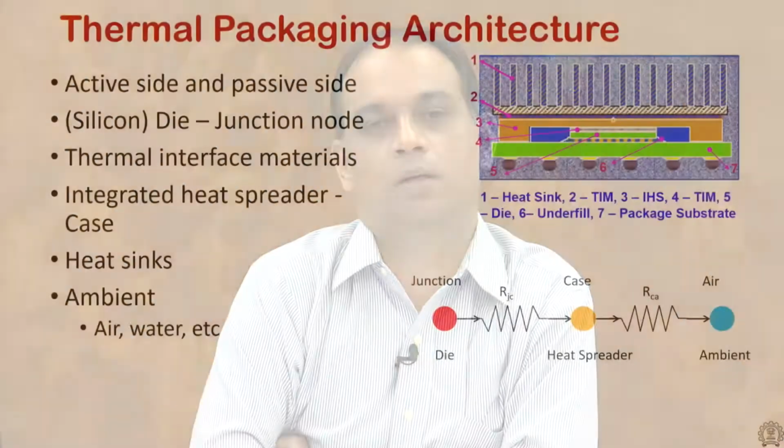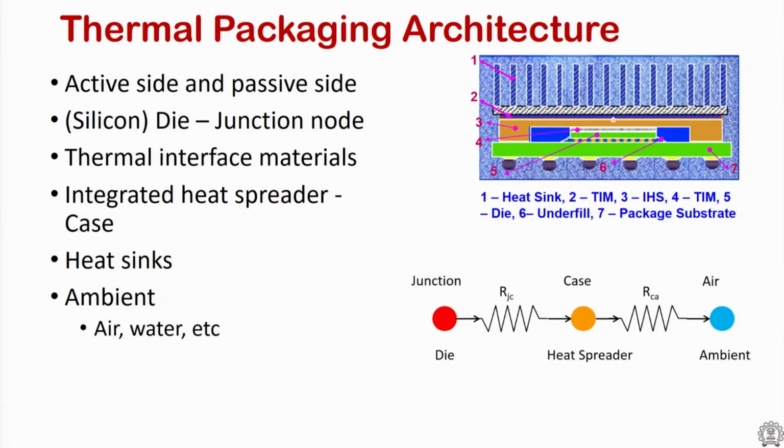The next resistance that is often drawn is between the integrated heat spreader and the ambient. If you have a heat sink, then the heat sink and the integrated heat spreader are often sandwiched by a thermal interface material. Again, all those are clubbed into one resistance node, and that is called the junction or case to ambient resistance.